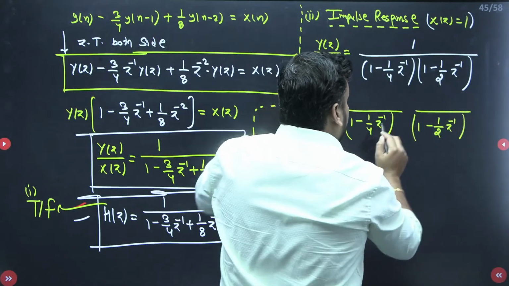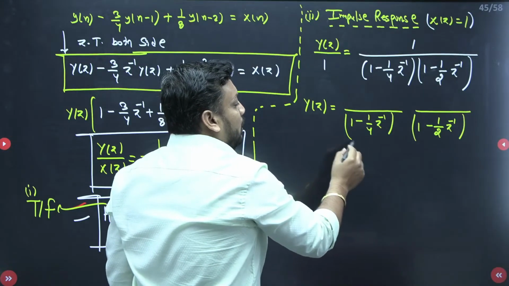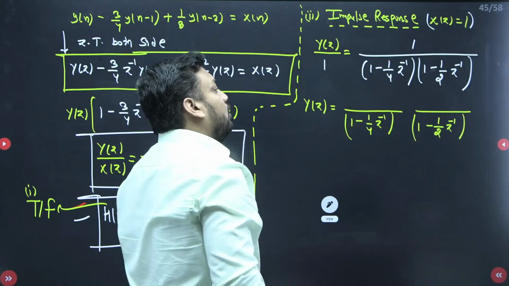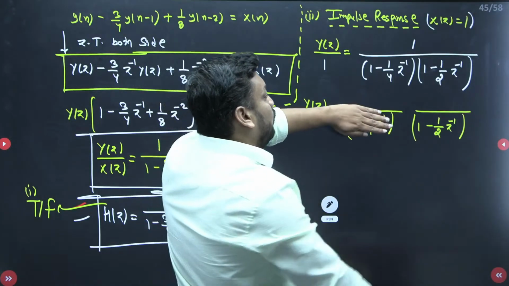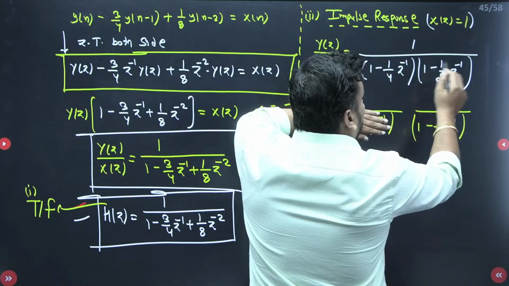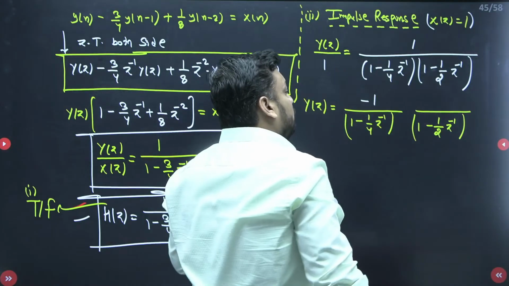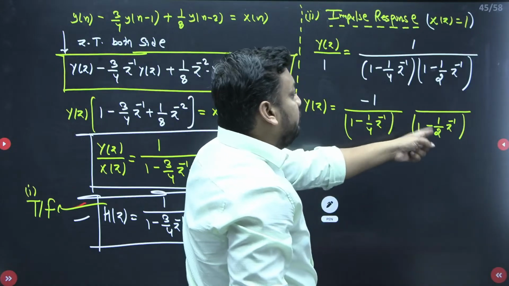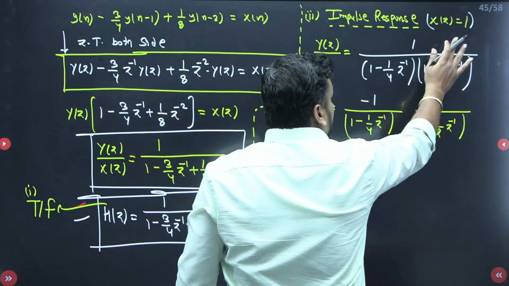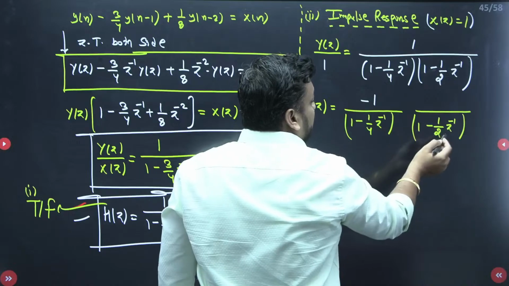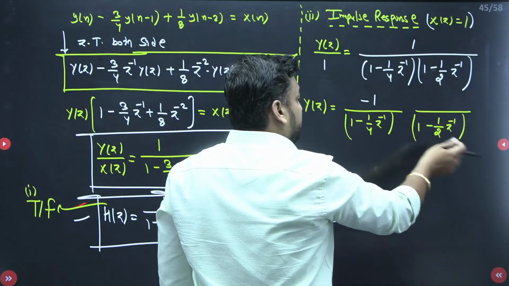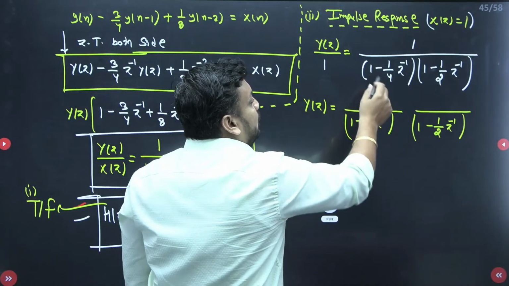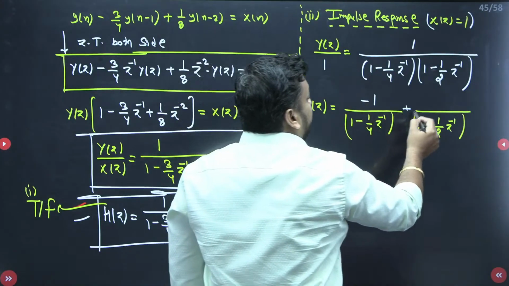Yes or no? Z^-1 when you cross multiply is 4. So if the z^-1 value is 4, and you put it here, 1 minus 2, so minus 1. Similarly, 1 minus 1/2 z^-1, so the z^-1 value is 2. Then you hide this part, it is 2 by 4, so half. So 1 minus half means 2, so ultimately we should write here 2.